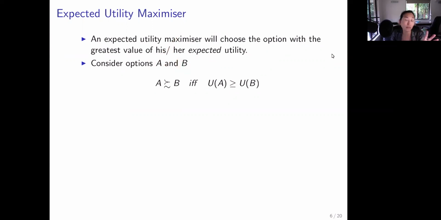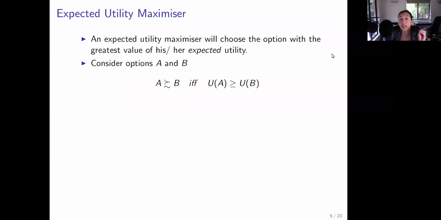Option A and option B don't necessarily have to have the same possible events, or the same probability associated with each event. It could be completely different events.